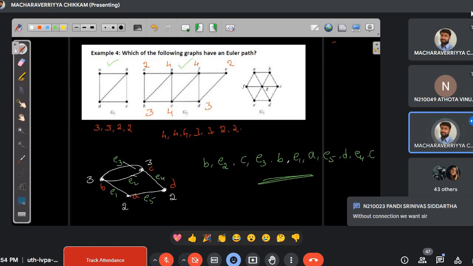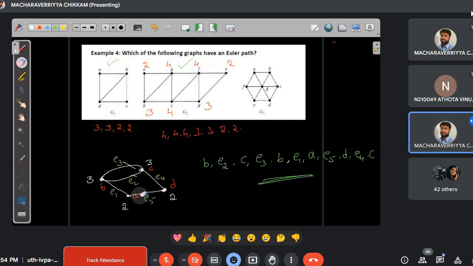Without connection, what do you mean by without connection? Not connecting A and D. If you do not connect A and D, then what happens? See, then the degree becomes 1, no? The degree of A and D becomes 1. Now the number of odd degree vertices here is 4.